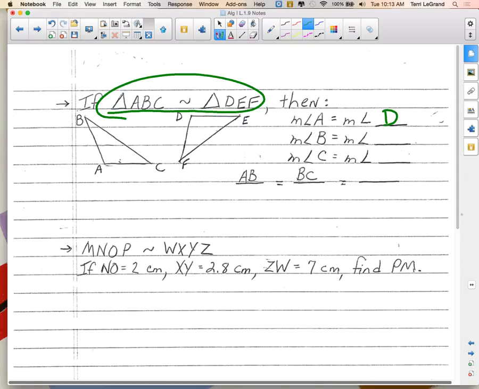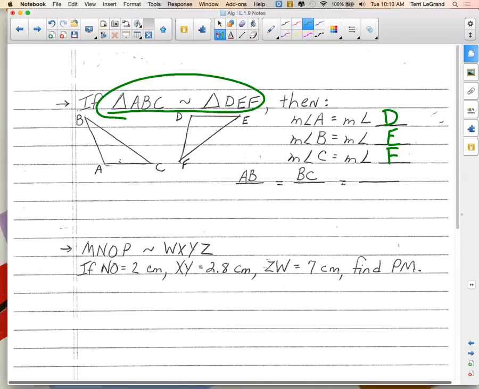D. We can assume then that if we knew the measure of angle B, we would also know the measure of angle what? E. If we knew the measure of angle C, we could say we would also know the measure of angle F. Okay, so corresponding angles are equal to each other.